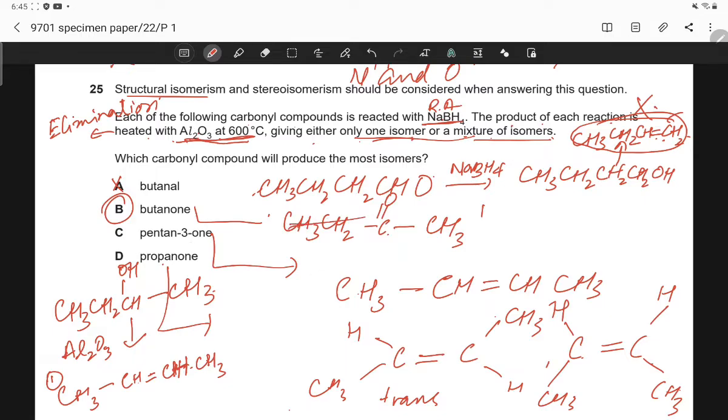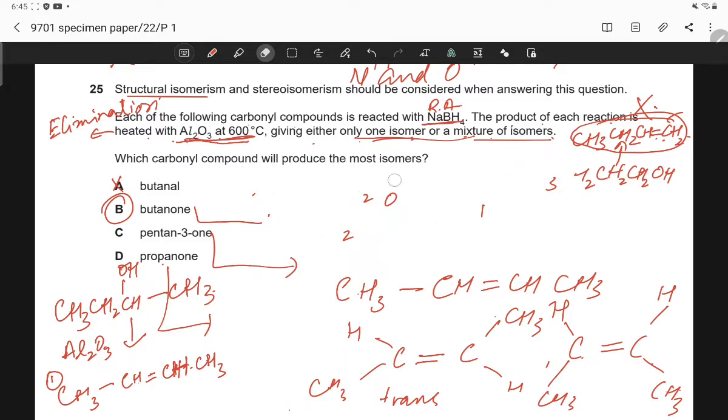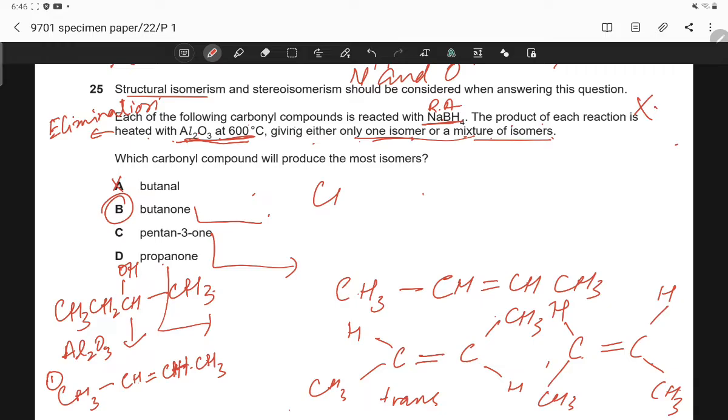Now let's check this compound as well. Pentan-3-one. CH3, CH2, C double bond O, CH2, CH3.